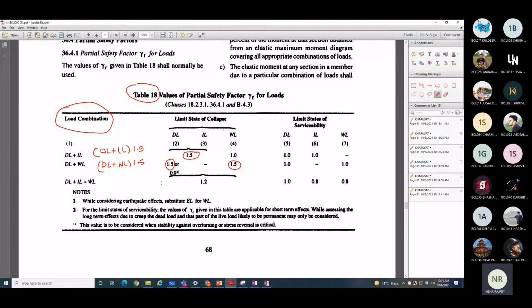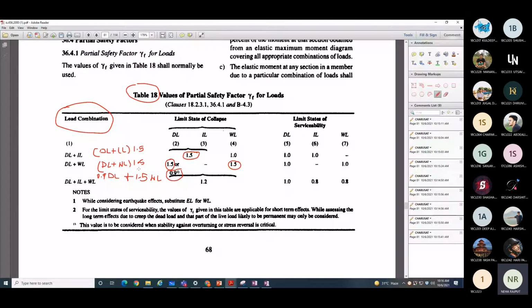So the first load combination is dead load plus wind load with 1.5. Now the second combination comes with dead load where the partial safety factor is 0.9. So 0.9 dead load plus, for wind load again, the partial safety factor is 1.5. So 1.5 wind load. Right, so this will form the third combination. Then the fourth combination is dead load, live load and wind load all together, and the partial safety factor is 1.2.